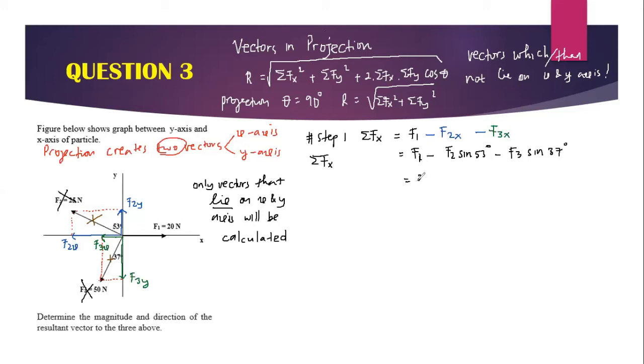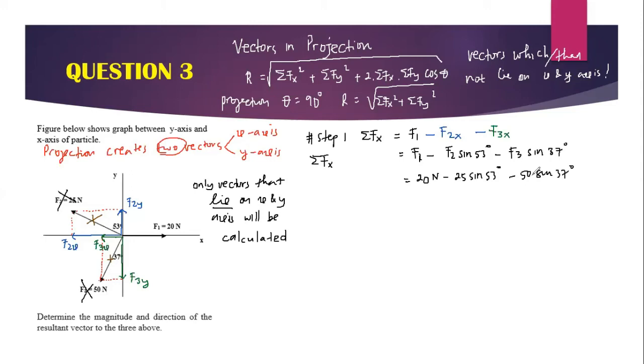F1 is 20 Newton minus F2 is 25 sine 53 degrees, minus F3 is 50 sine 37 degrees. Is it clear for you, everyone? Hello? Are you there? Yes, sir. Is it clear? You understand? It's very simple, right?